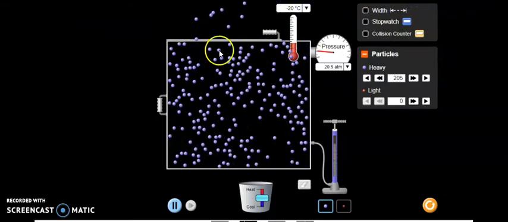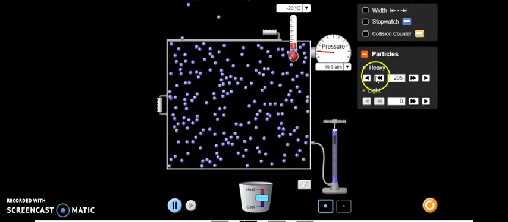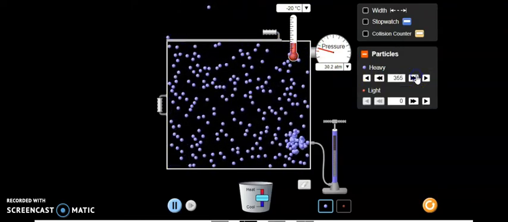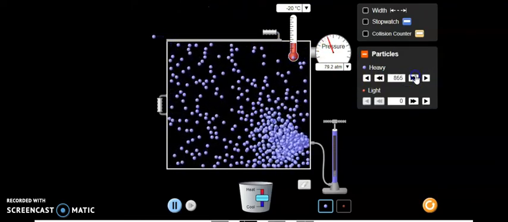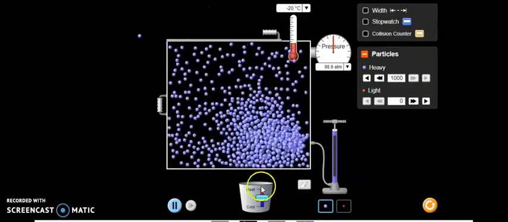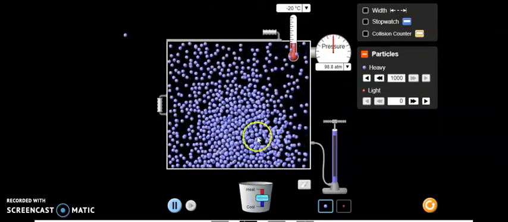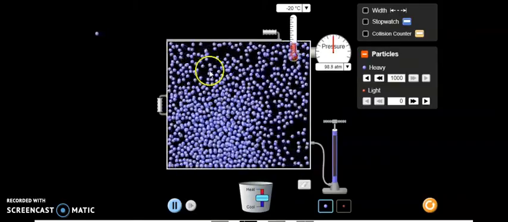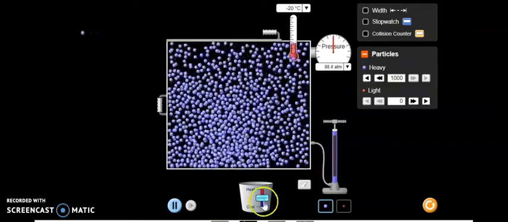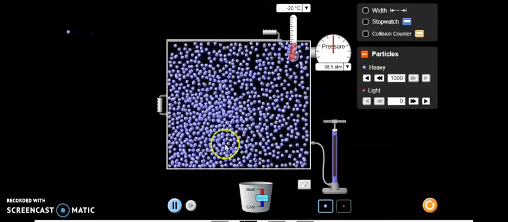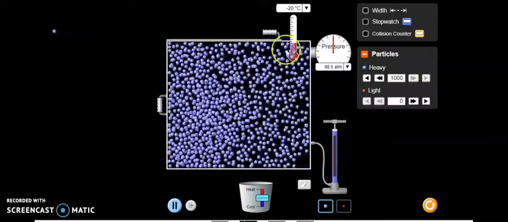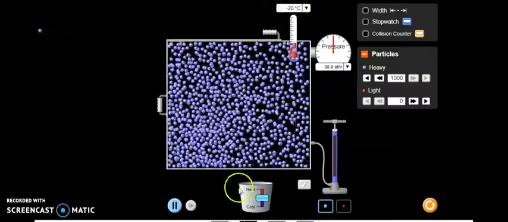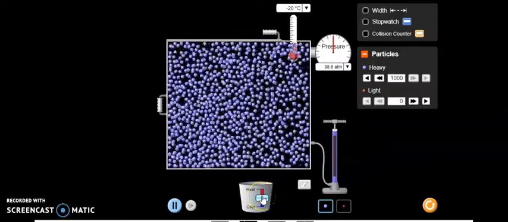So this is another experiment. We can return the lid here right now, and we want to add the particles. You can see we add particles, and you can see how they are spread out in all directions. If I put in more heat, you can see the expansion of the volume of the particles.